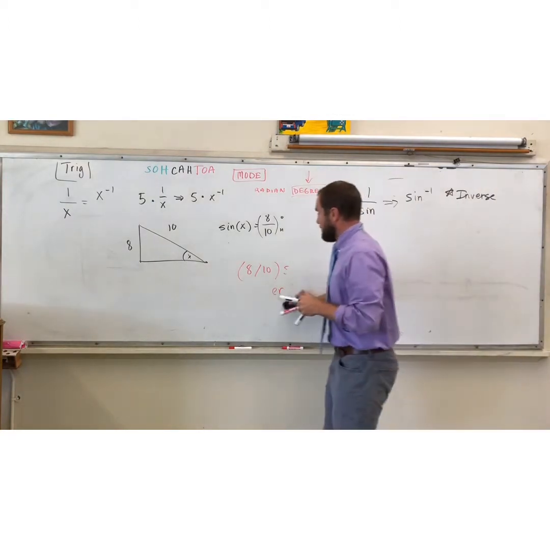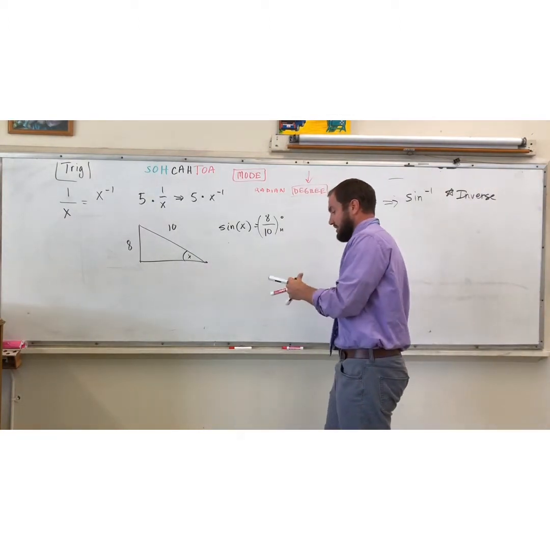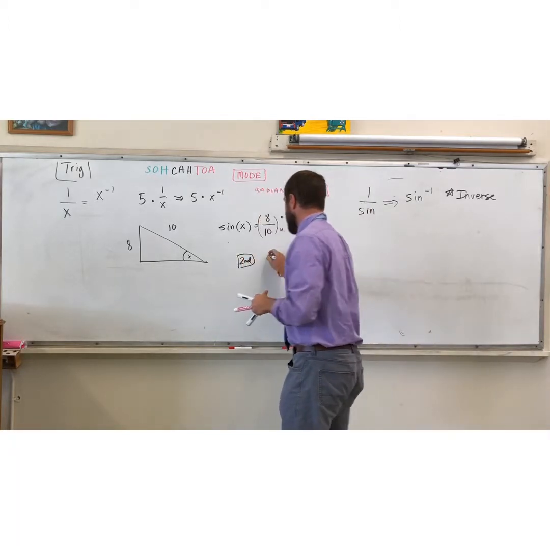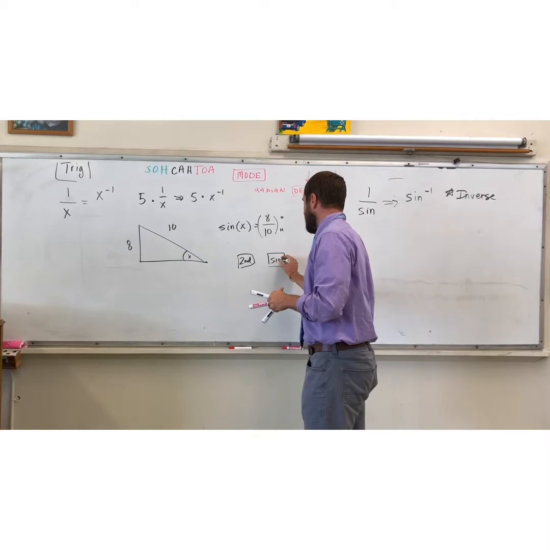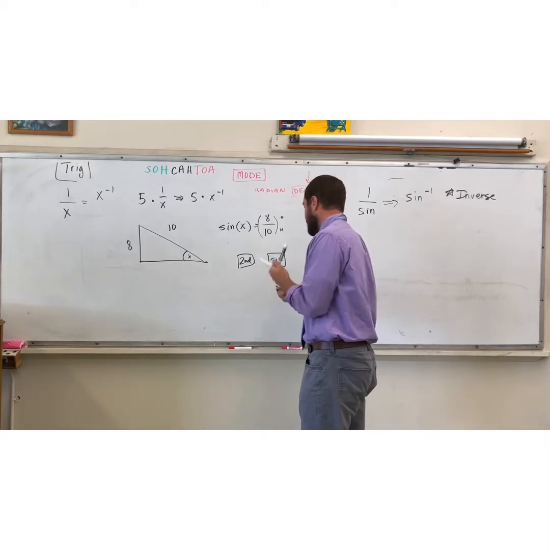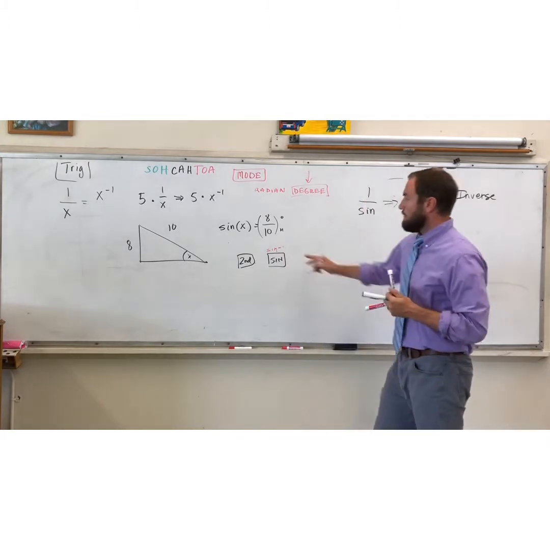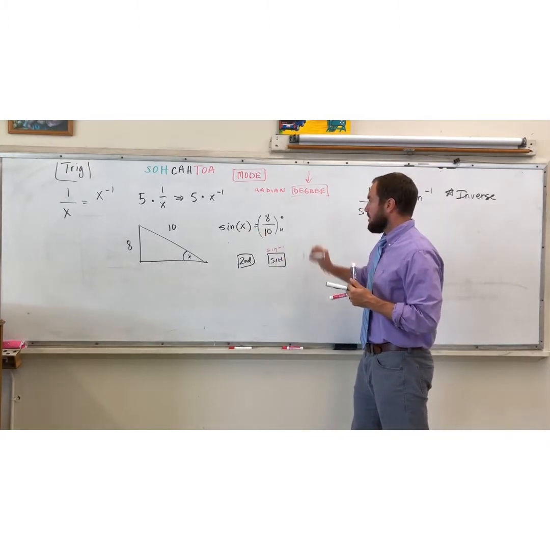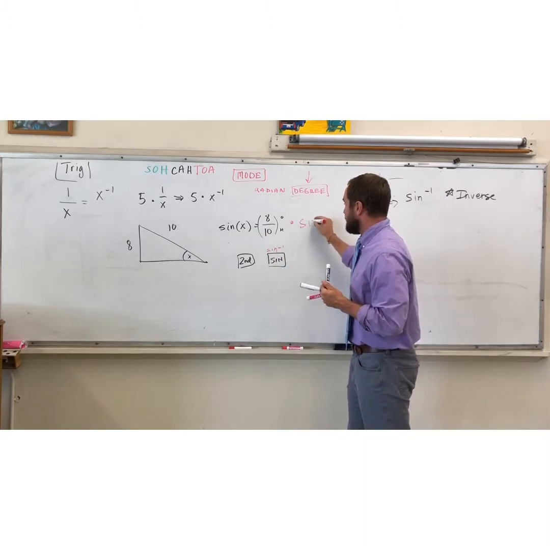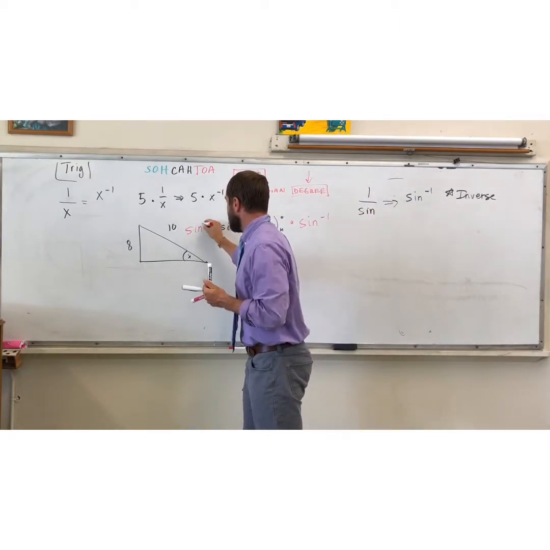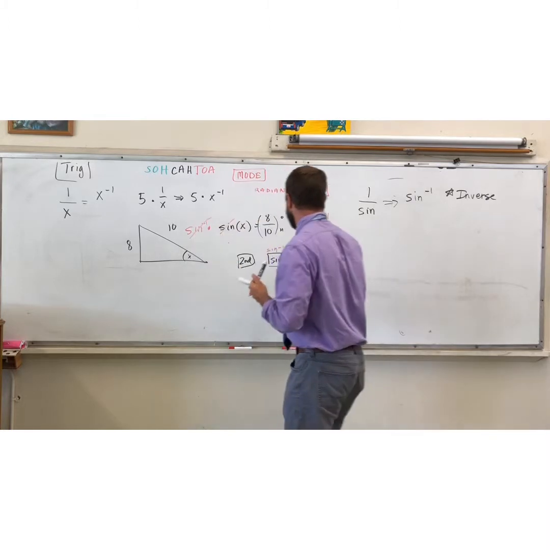And then basically what you end up doing is saying on your calculator, there's a second button, and then if you look at your sine button, above that, in blue, I don't have blue, you'll see sine negative 1. So if you're solving for an angle, what you need to do is multiply both sides by sine negative 1. That'll cancel this out.